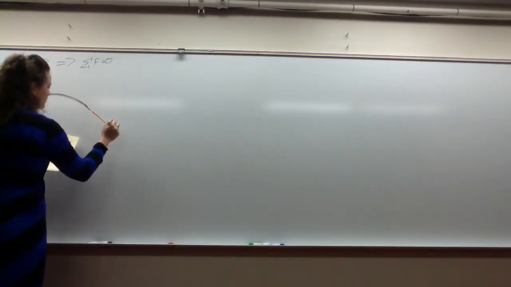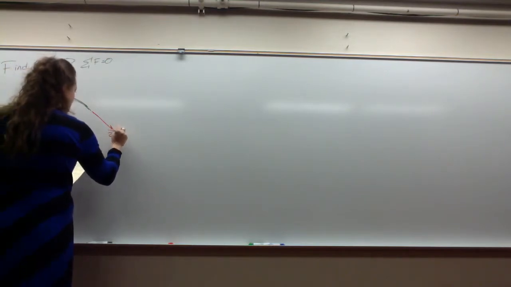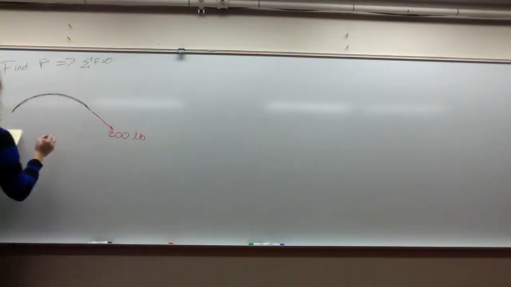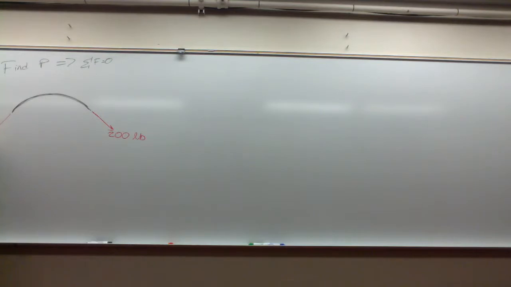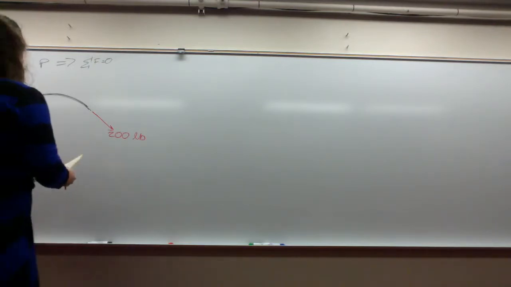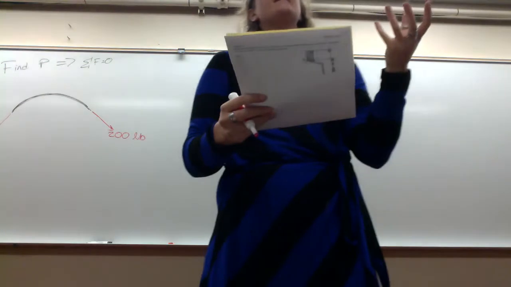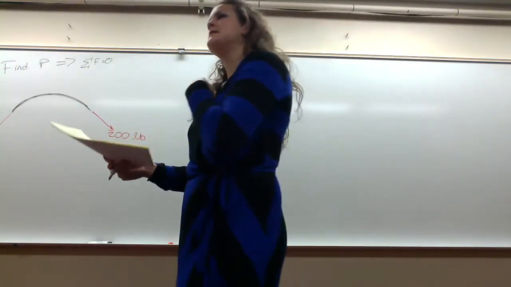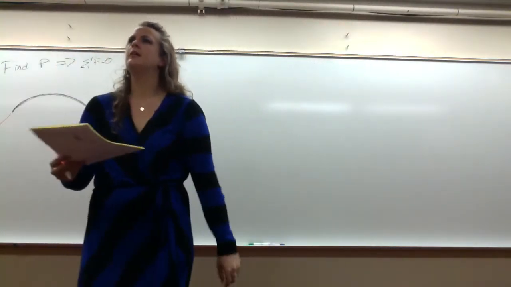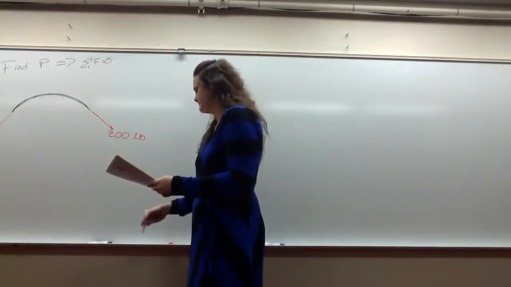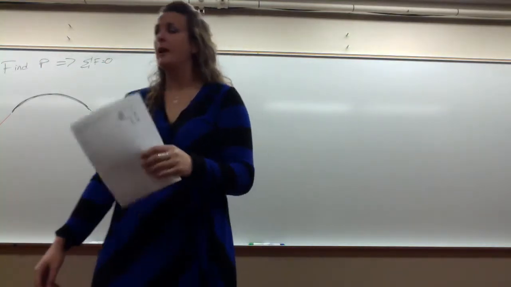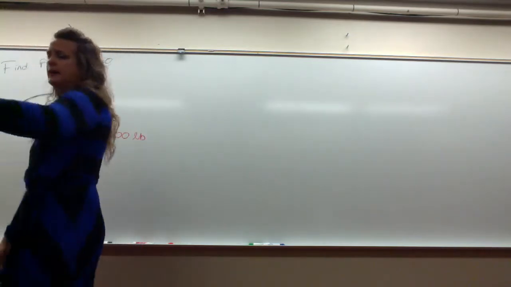We have our force across the surface, 200 pounds, and we have this force P. How do you think we will represent the forces on the surface of contact? What kind of forces are there? Normal and what? Friction. So you got half of it.